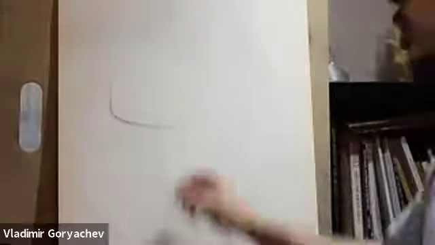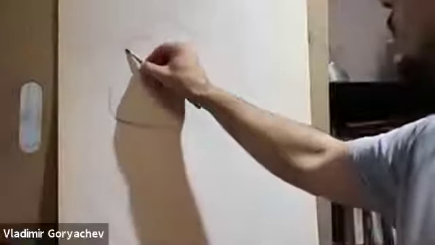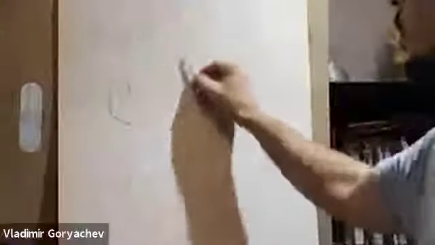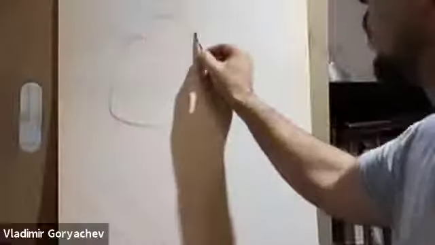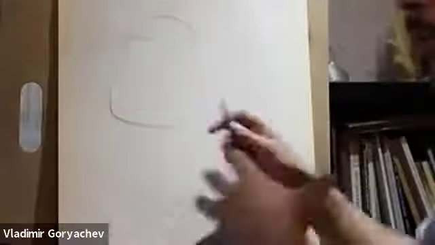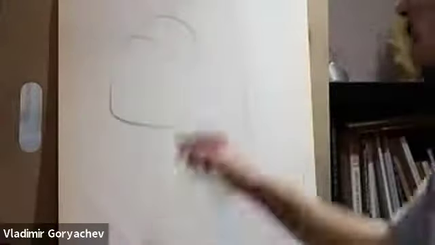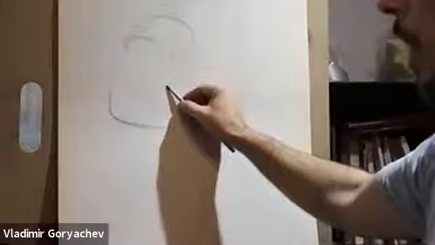That sets up so much for me. It creates volumes, just like Glenn Vilppu was wrapping around the forms. Now we're starting to feel that energy of the surface turning around. Here, how it comes in.